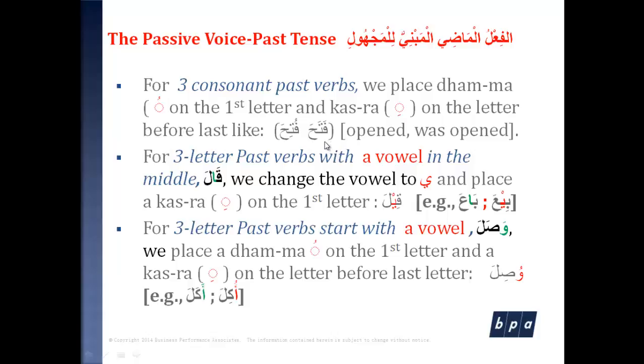It's a three-consonant past verb, with three fathas. We change the first letter to a dhamma and the one before last, which is the ta, to a kasra. So it becomes futiha, was opened.